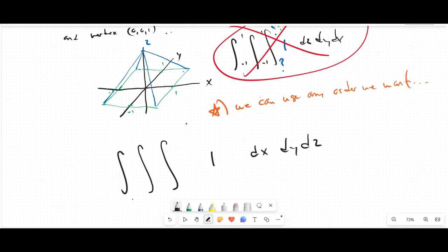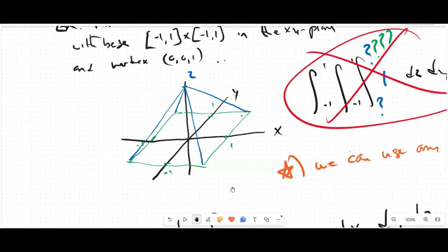If x is the innermost integral, can you conceive of the pyramid as being between 2 functions of y and z? Are there 2 functions of y and z, a lower function and an upper function, quote unquote, that describe this region?